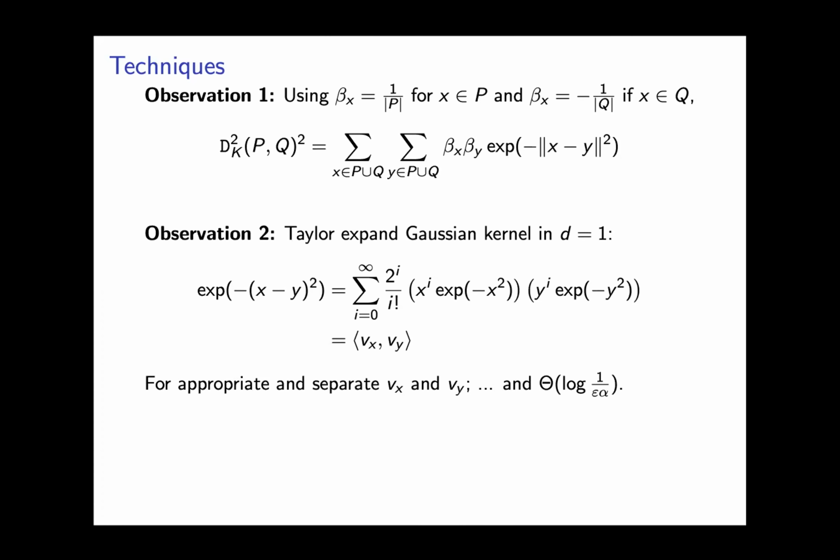Then, in 1D, you can do a nice Taylor approximation of this Gaussian kernel, expanding the two terms from x and from y independently. So I have an inner product between V_x and V_y, defined as the appropriate parts of these expansions, which I can compute separately. In one dimension, this requires truncating the Taylor expansion after roughly log 1/alpha terms. This gives me the balance I'm looking for.